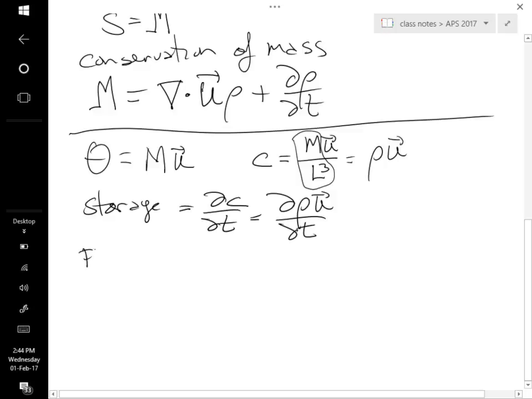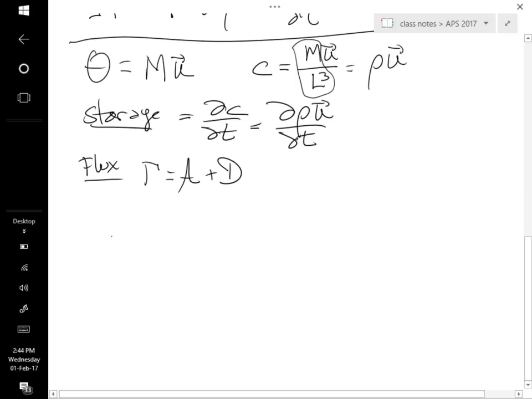And for flux, we've got advection and diffusion. In general, the advection will be equal to the velocity times C. So in this case, it's velocity times the density.